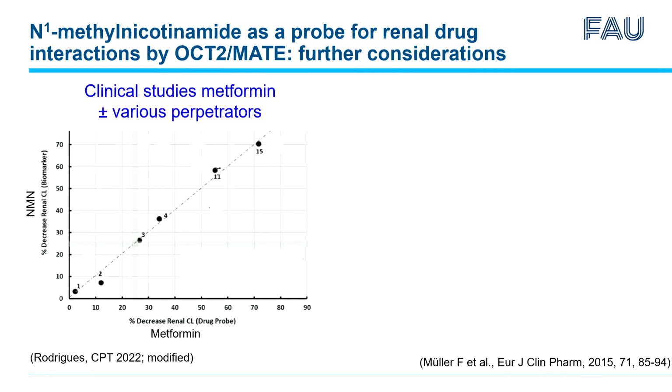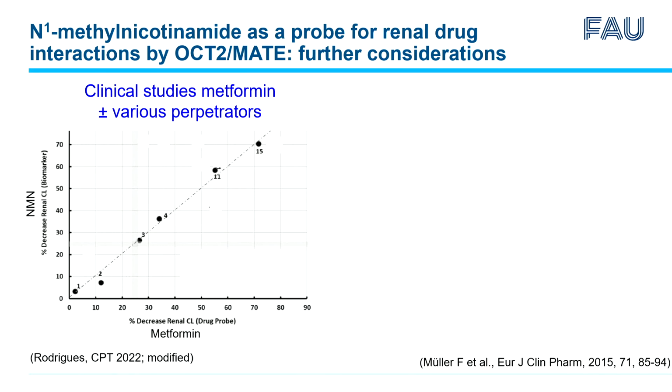I took this figure from a very nice review of Dr. Rodriguez, which was published in 2022 in CPT. And you see here on the x-axis the decrease in metformin renal clearance due to a number of different OCT2-MATE inhibitors, and on the y-axis, from the same studies, the respective decrease in the renal clearance of NMN.